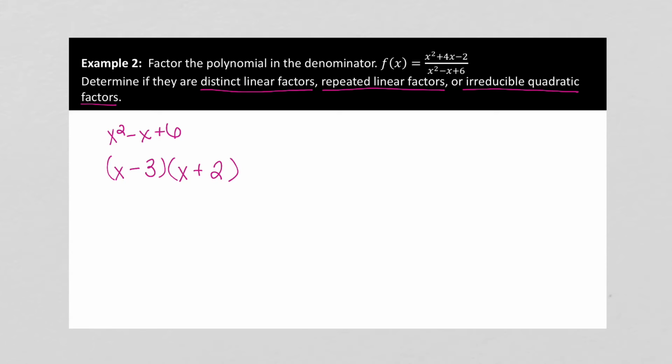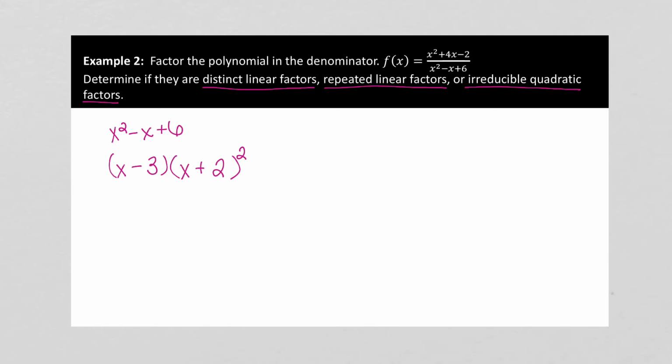So what's the difference? Well, linear factors would be in the form mx plus b. These are linear factors, 1x minus 3 and 1x plus 2. Repeated would mean they were the same, or we had a squared here or something, okay? So these are not repeated, and they are linear factors.